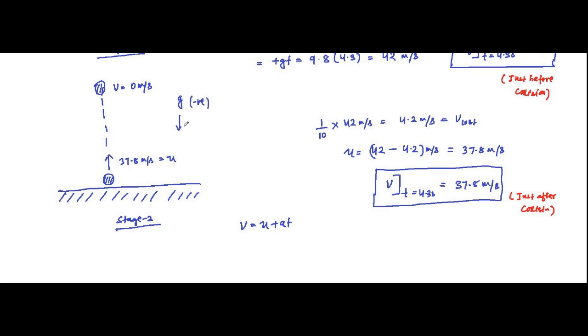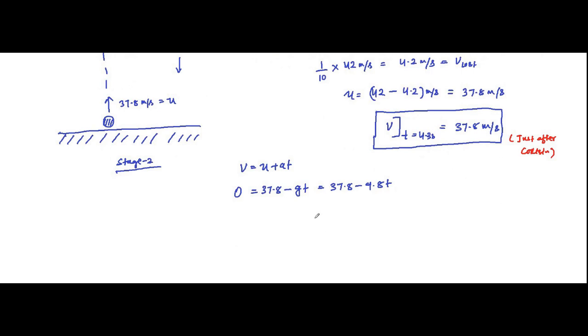The direction of motion is upward, and gravity opposes the motion. So 0 is equal to 37.8 minus 9.8 t, and t is equal to 37.8 by 9.8, that is equal to 3.9 seconds.